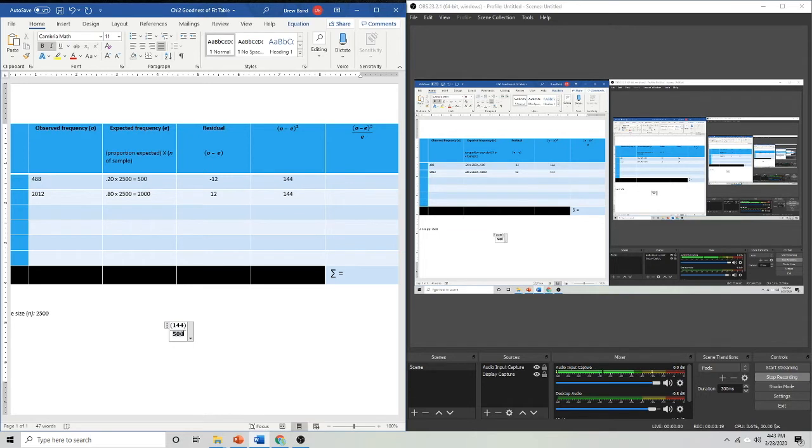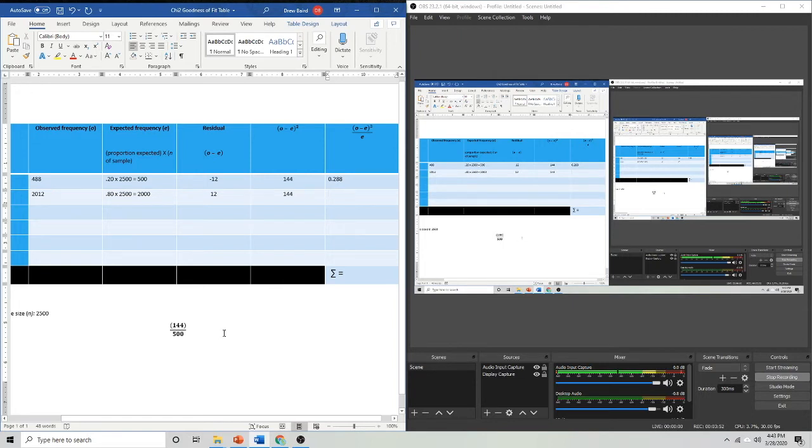So you calculate 144 divided by 500. That gives you an end result of 0.288. And so you can already see we've got way smaller outcomes for our equations than we did prior. So that's your first indicator that it's probably not going to be significant.